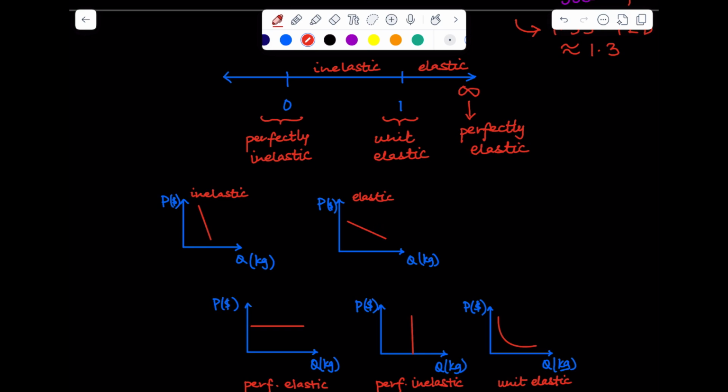So when you have a price elasticity of demand which is greater than 1, you will have an elastic good. What does this mean, as in, why would that good be elastic? Well, since there was a change in price, the consumer, as a result of that change in price, was very responsive in changing the quantity he demands.